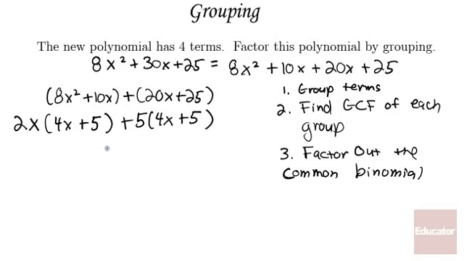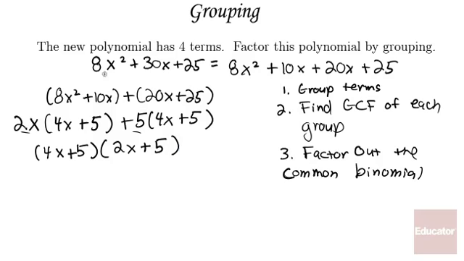My common binomial is 4x plus 5. So I factored that out, and I have 2x plus 5. Actually, no more, this is just going to be a product now, so no more plus sign.